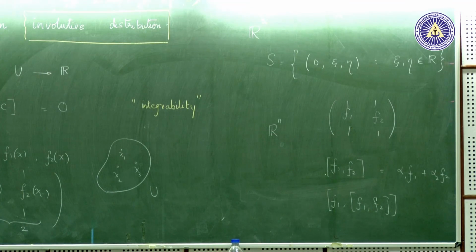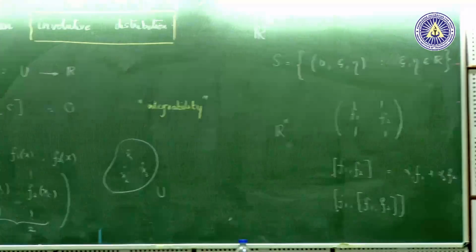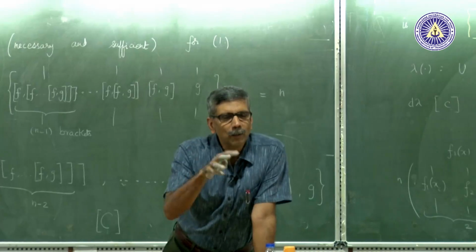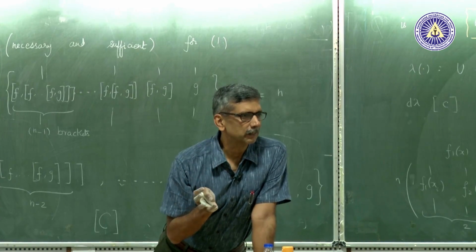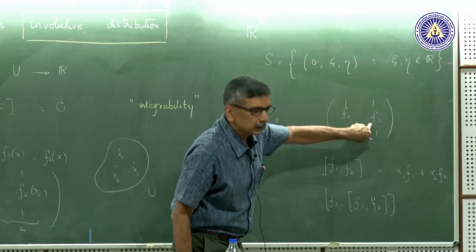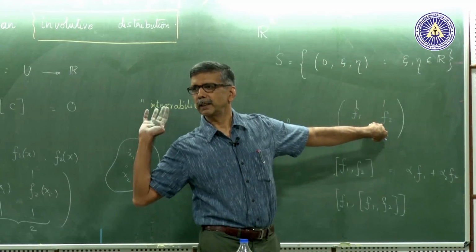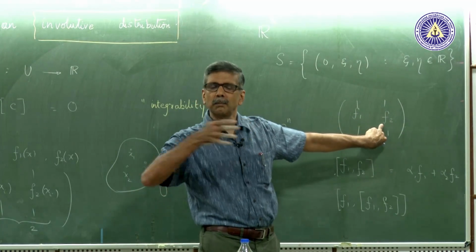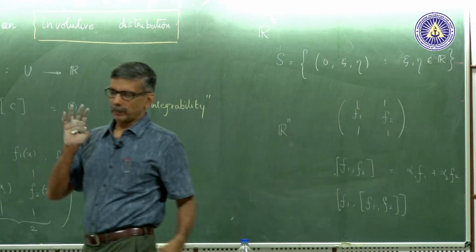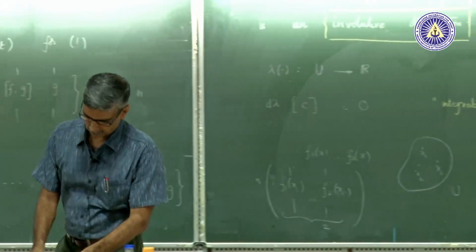Then that distribution has a special property. It is called an involutive distribution. That means, no matter how many Lie brackets you take of these vector fields, the resulting vector field that you get is just in the span of these vector fields, or can be written as a linear combination. That is called an involutive distribution.